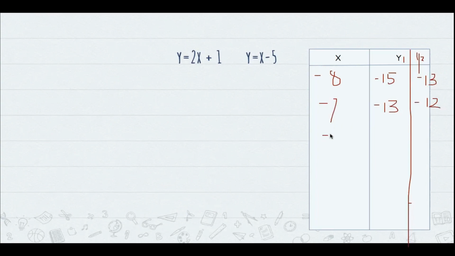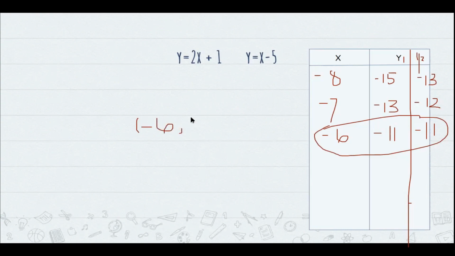And finally, as I said previously, negative 6, both will equal negative 11. So you found your coordinate that's intersecting. So your x value would be negative 6, and the y value of the intersecting point will be negative 11. That is your final answer.